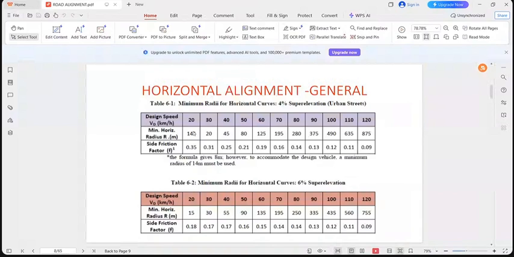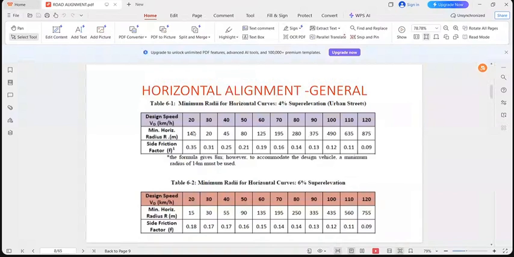Now, let's look again at reverse curves, broken back curves, and compound curves. Simple circular curves, I think you have already completed. Let's go to the reverse curve. What does it mean by reverse curve?